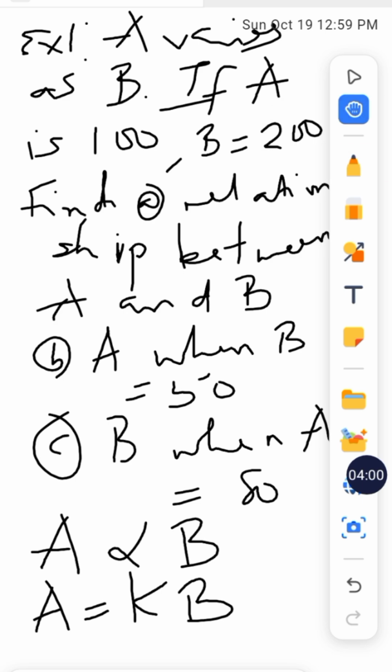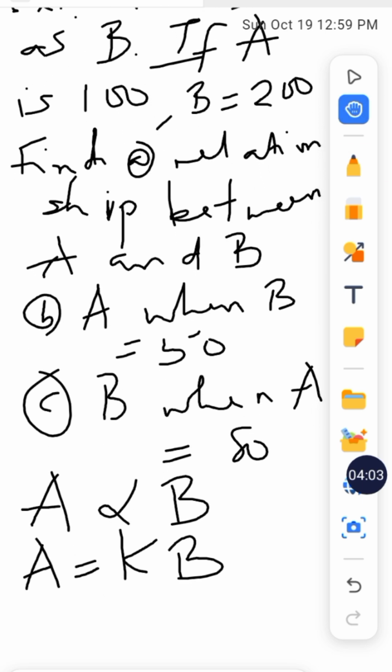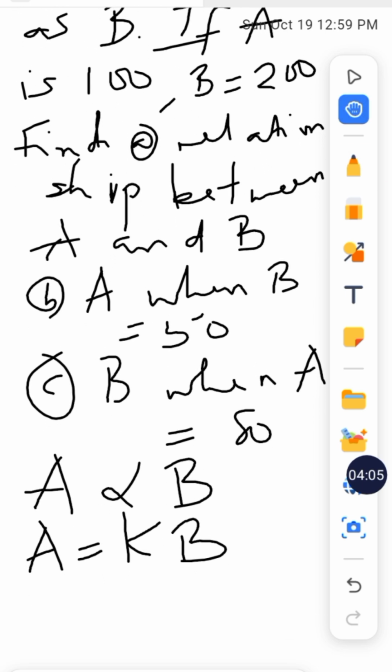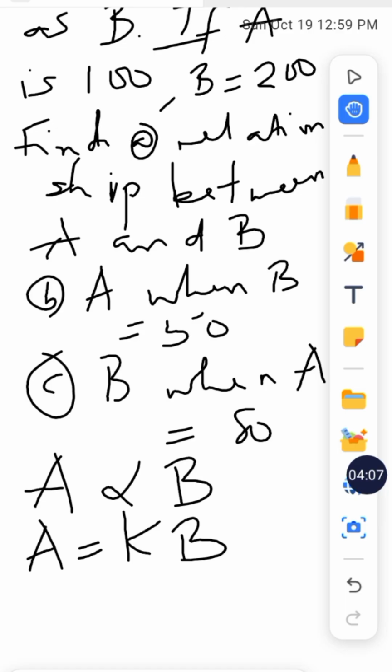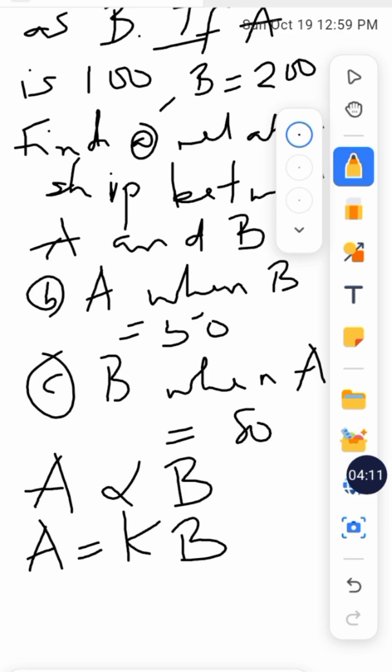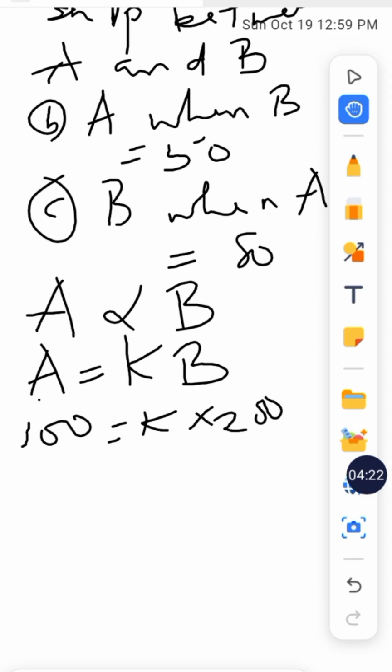Having done that, I normally tell my students the very first set they give you is for you to find the value of your K out. They said if A equals 100, B is 200. So anywhere we see A, we put it there. If A equals 100, B is 200, K times 200. So this will enable us to find our K out.